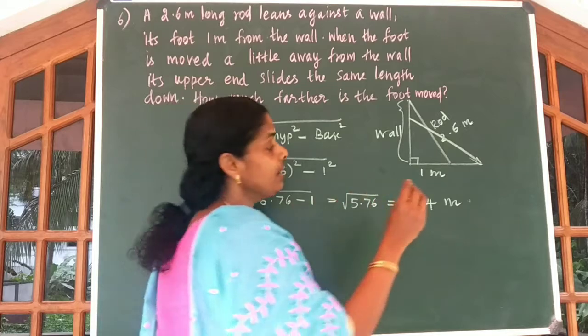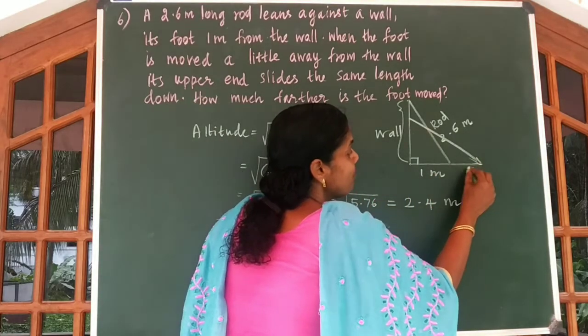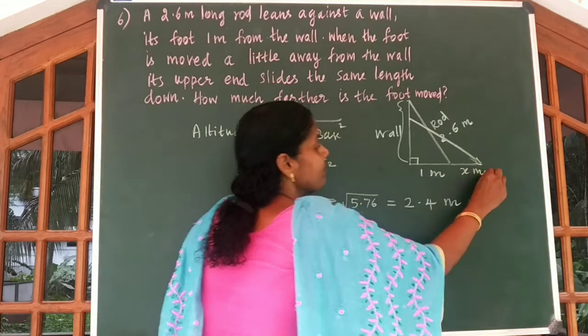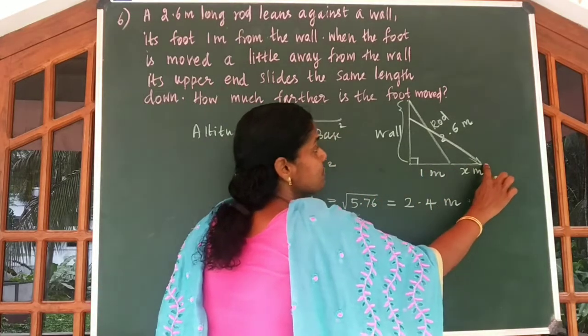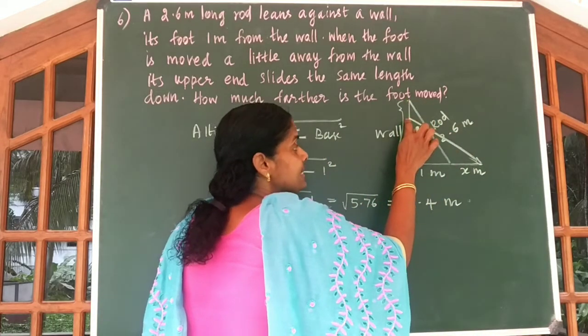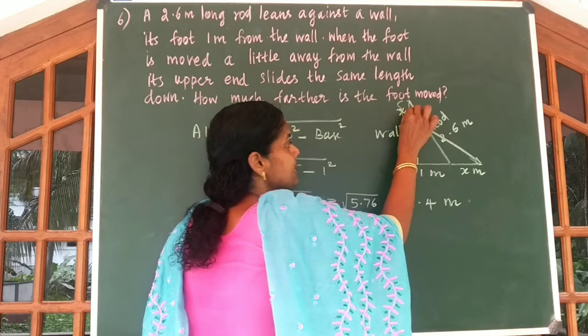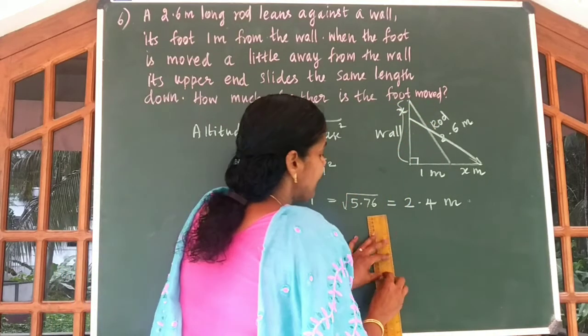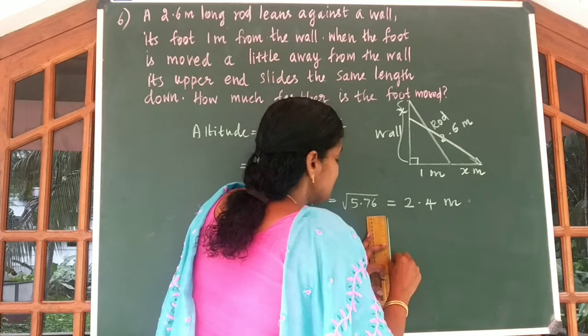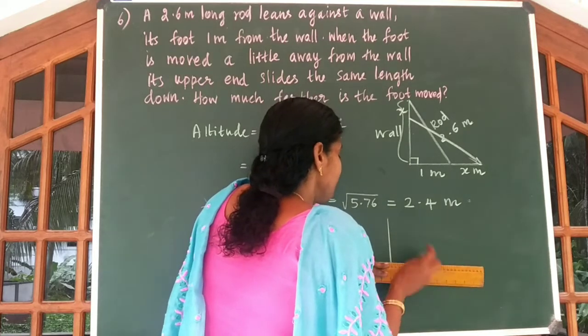Let us take the foot is moved by x meter. When you move it by x meter, here it slides down by the same x meter. Do you understand? So our triangle looks like this. So this is our new triangle.